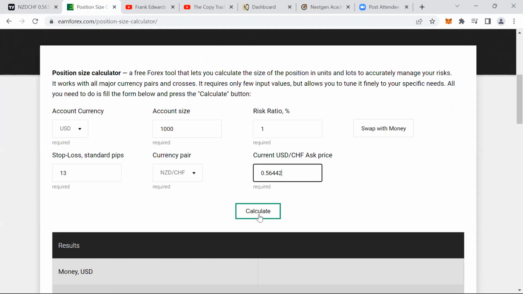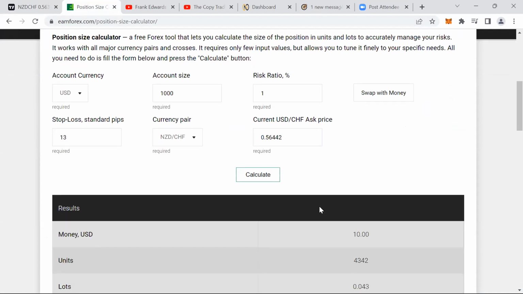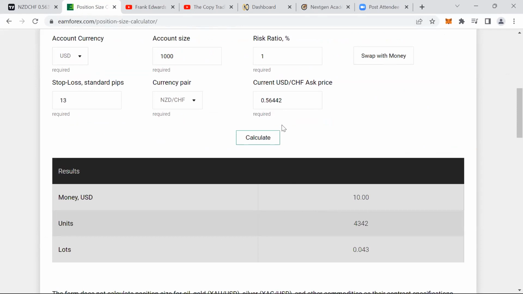So calculate. If you have $1,000 and you're risking 1%, and your stop loss is 13 pips, your lot size should be this: 0.0443, but it will be difficult to put 3. So it will be 0.04. That's your lot size.